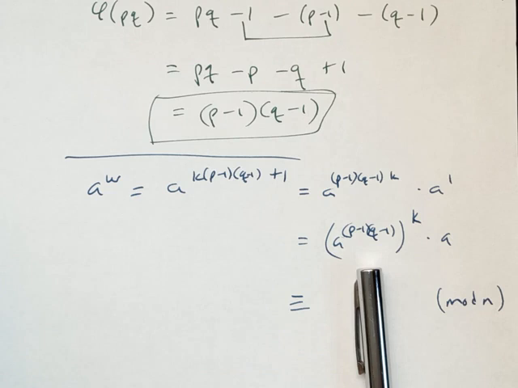Euler's theorem tells me that part is just 1, because the thing inside that parentheses is 1. Just a with an M on it.